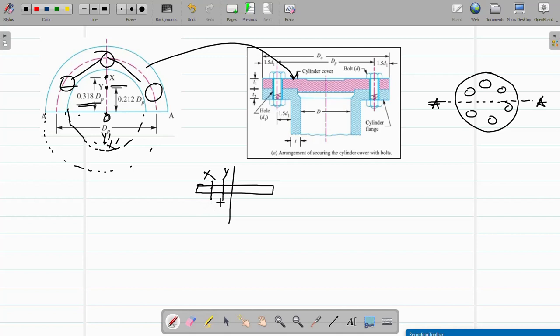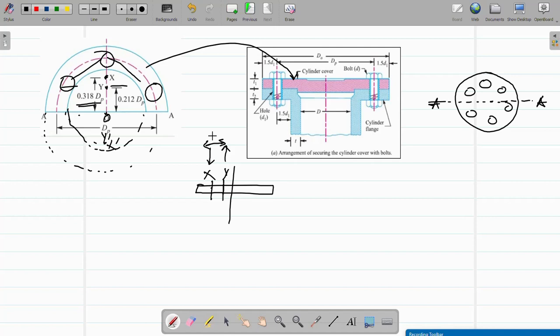See what the pressure actually does: it tries to pull this plate out, whereas the bolts try to keep it in. The bolts try to keep the cover plate in position, whereas the pressure pulls out. So there is a moment in between, a bending in the plate, because of the two different kinds of loads.